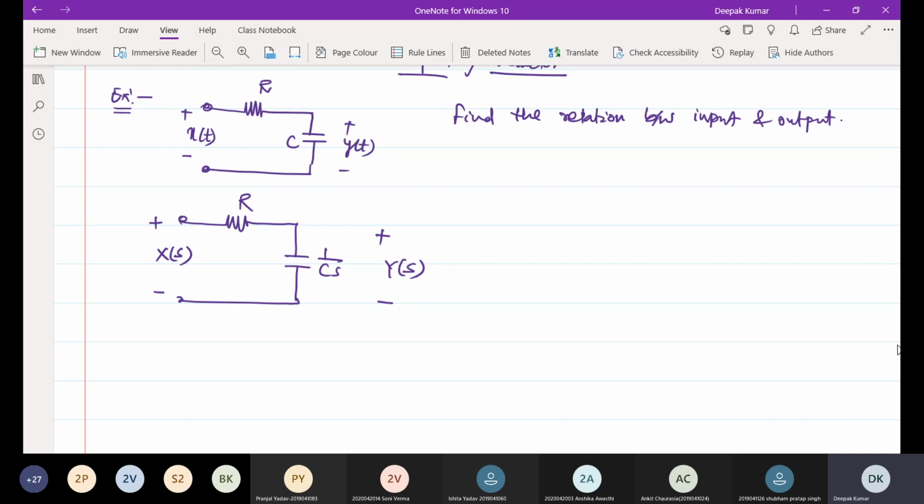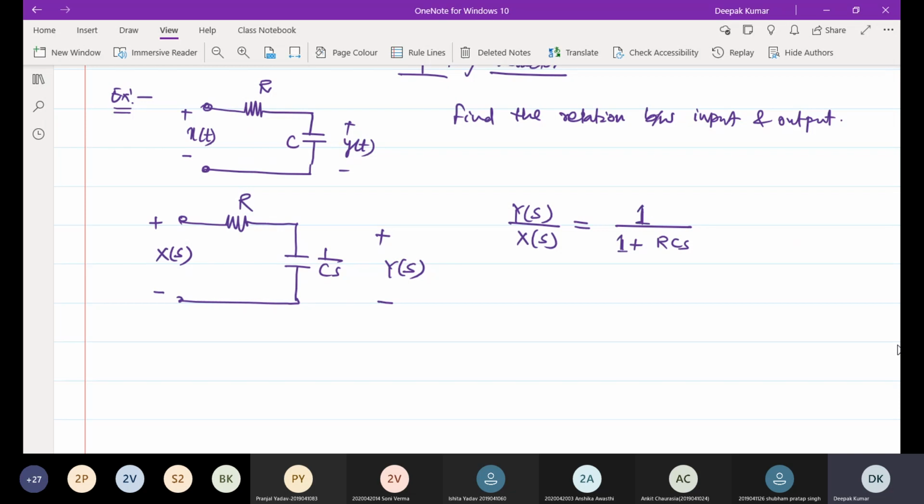Try to find the relationship. Y of S divided by X of S can be written as 1 by 1 plus RCS. Try to verify whether it is correct or not.